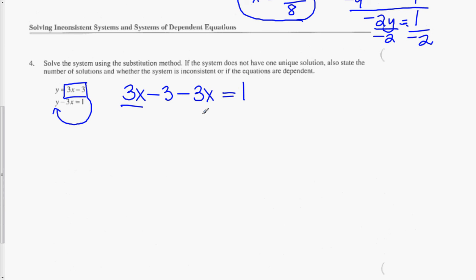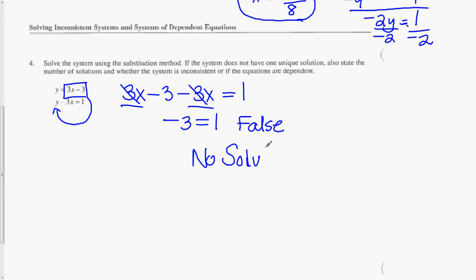So what happens with my x's? 3x minus 3x, they cancel each other out. So I have negative 3 equals 1. Well, negative 3 doesn't equal 1, so that is a false statement. If you end up with a false statement, that means you have no solution.